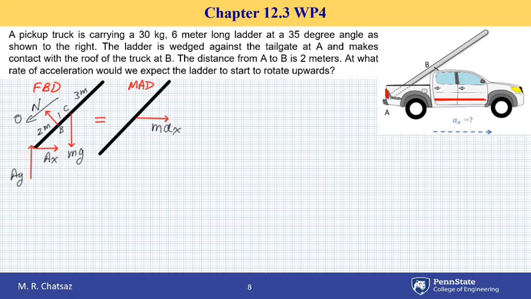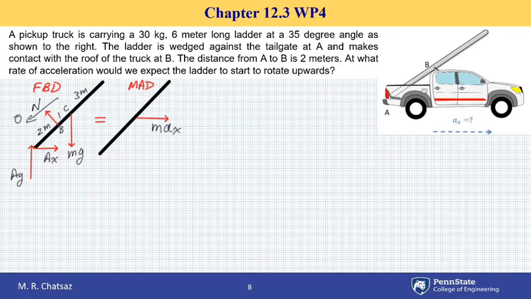Now if I take moment about mass center C, I have a net moment equal to I alpha in general, but since the truck is moving in a straight line, has a translational motion, alpha is 0, and I have net moment about C equal to 0. But observe that if I choose moment about point C, I have two unknowns AX and AY which do have a moment about point C.